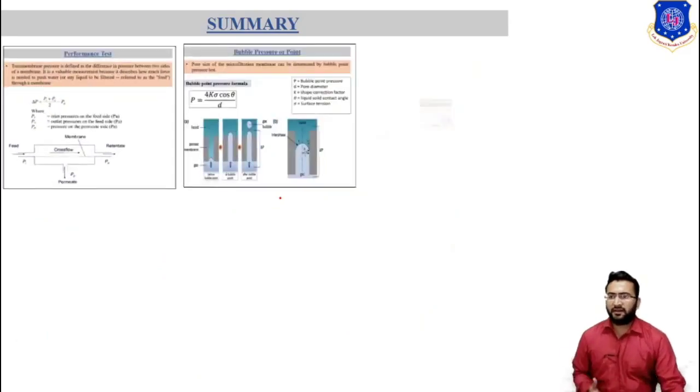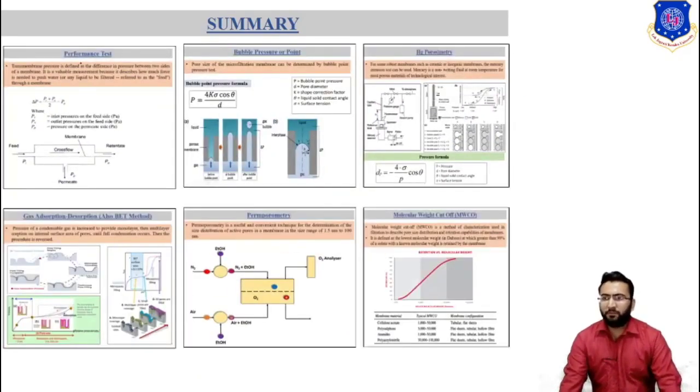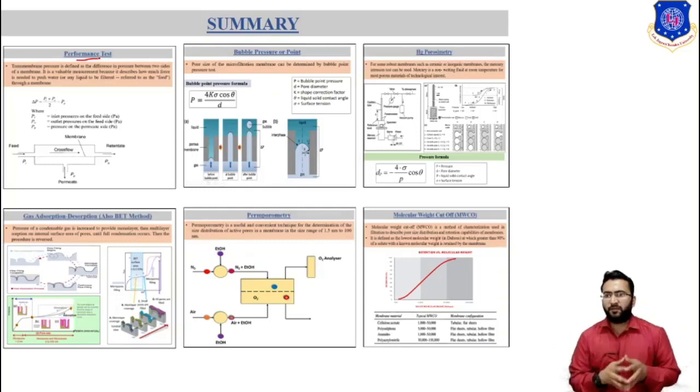So in this session, we discussed the performance stage for finding out permeability, retention and rejection, and also the transmembrane pressure, which means the average of inlet pressure, outlet pressure and permeate pressure. Then we discussed the bubble pressure or bubble point, which is used to find out the pore geometry.